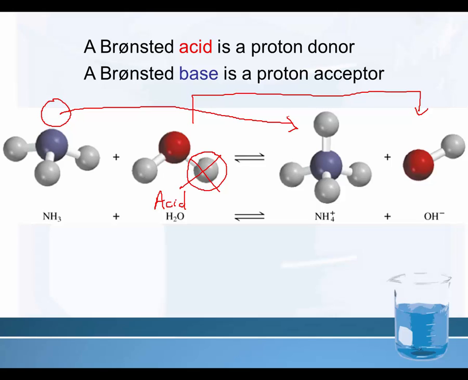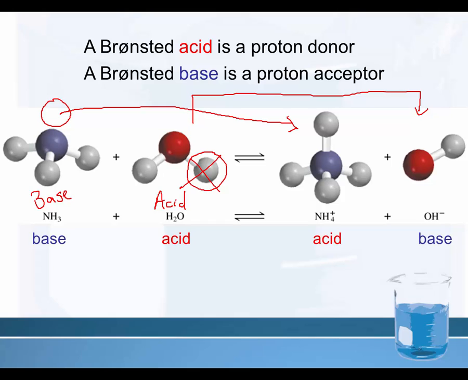So it is accepting it. So who's got the more thorough definition? Who's got the definition that looks more in depth? Bronsted. Okay, so whose definition works more often? Bronsted. Arrhenius' definition only works for aqueous solutions. He's from Denmark. They have different letters.